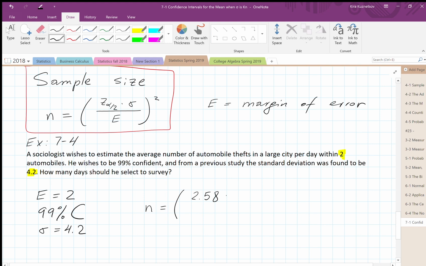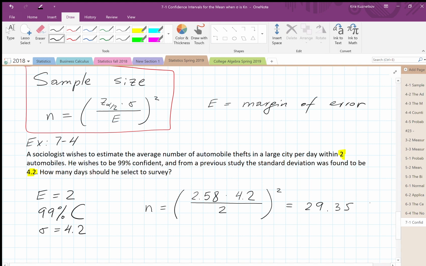Now what I'm going to do is multiply this by 4.2 that is given to me as sigma, and then divide this by 2, which is given to me as an error. You need to square this. Type all of this into your calculator. So I'm doing 2.58 times 4.2 divided by 2, and then squaring everything. So the calculator spit out 29.35. Now the sample size cannot possibly be a decimal.